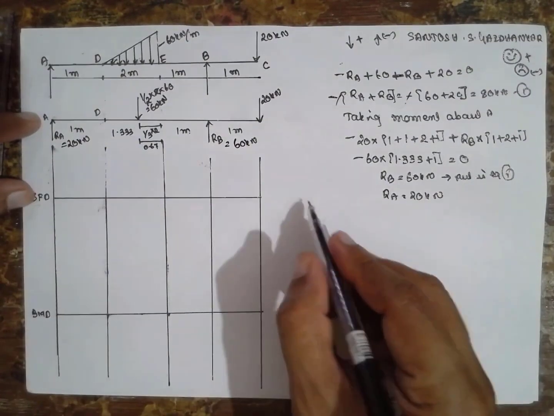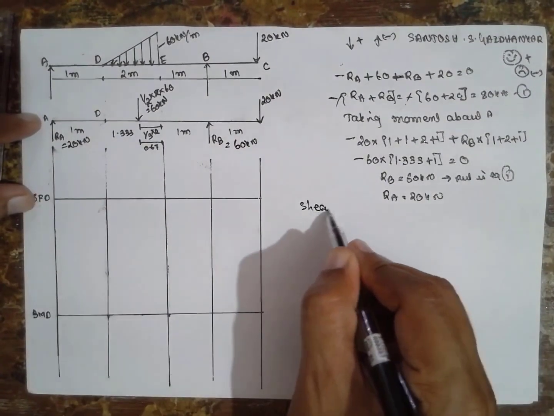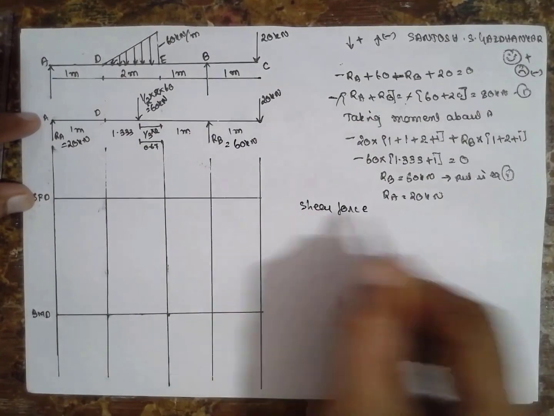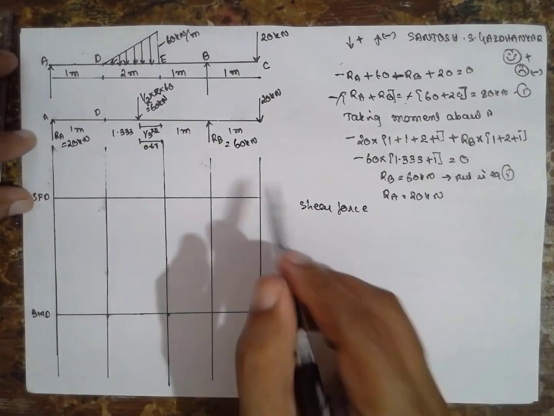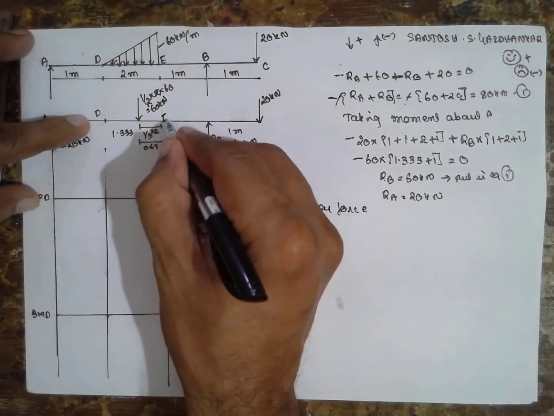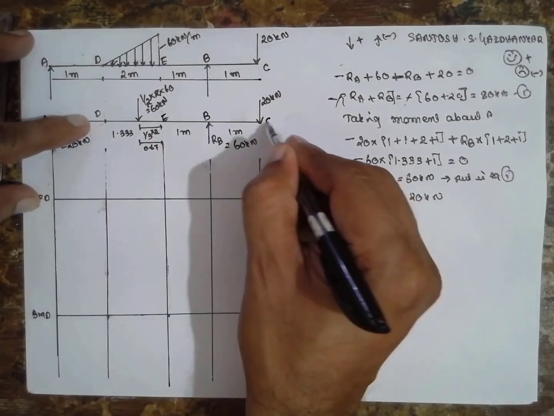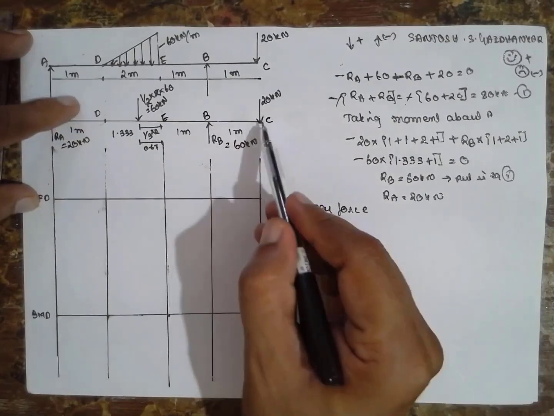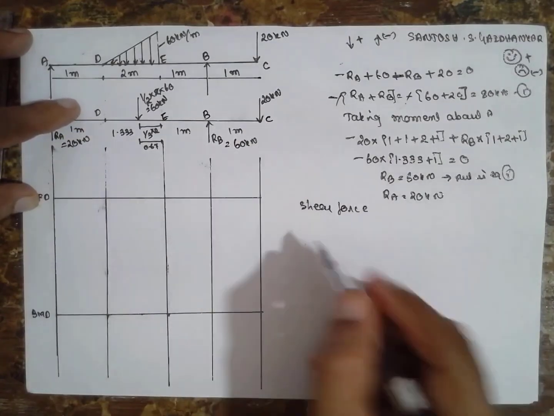Let us go for shear force. Now to draw the shear force diagram. This is D, this will be E, this is B, and this is C. As the load acts, we have to consider left and right here.